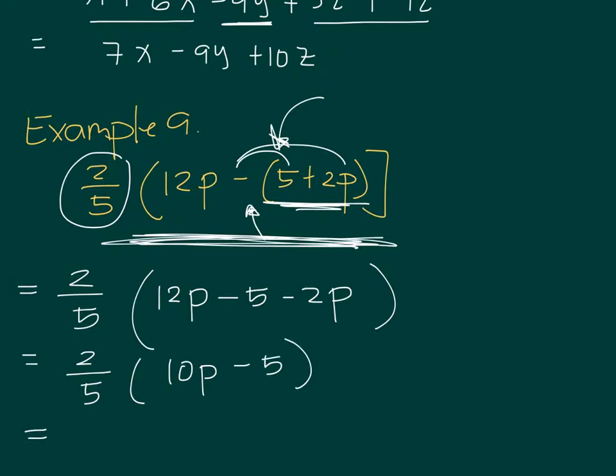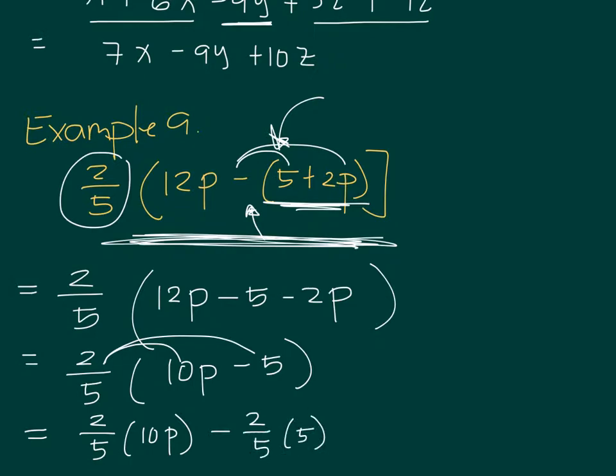So now you can already distribute 2/5 to 10p and 5. So that will be 2/5 times 10p minus 2/5 times the 5. So be careful. 2/5 times 10p is 2/5 times 10p, and then 2/5 times the 5 is 2/5 times 5. Then you just have to simplify that.